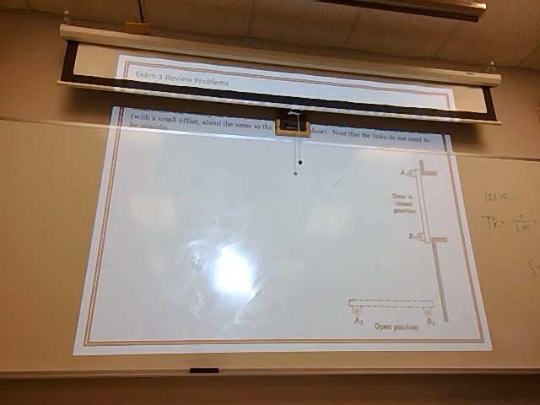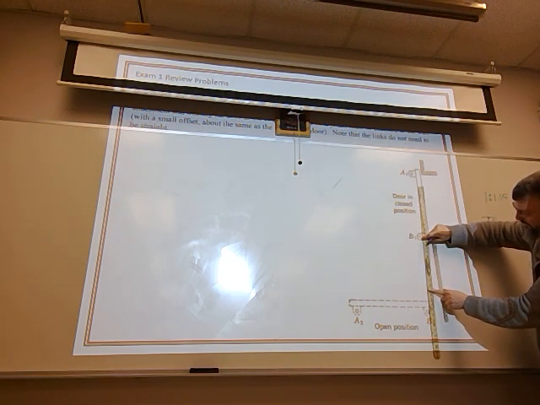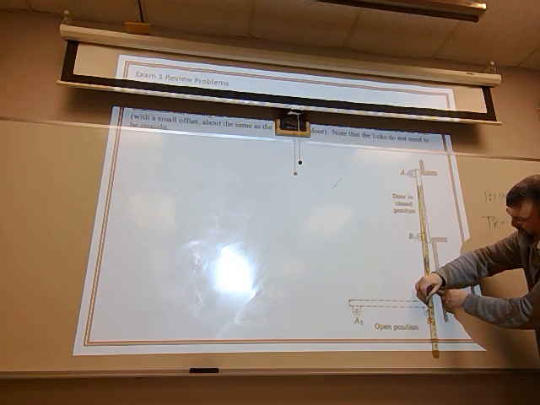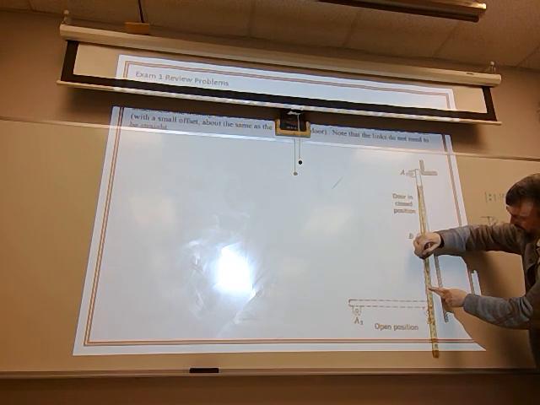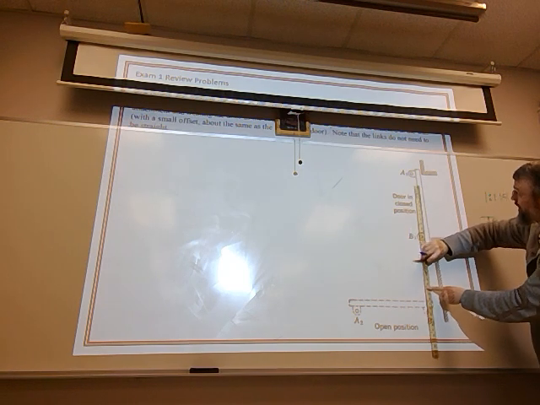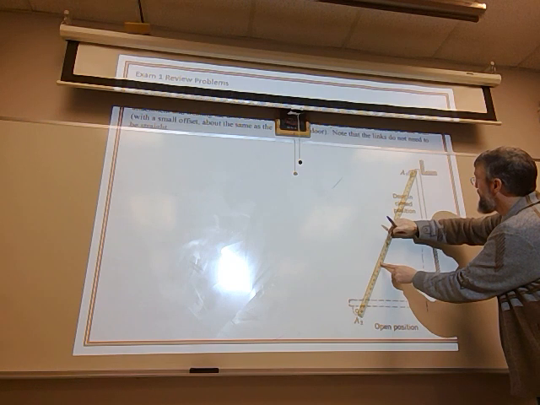So in going through our methodology, we can say, okay, we want to make B1 to B1 right here, and A1 to A2 here.